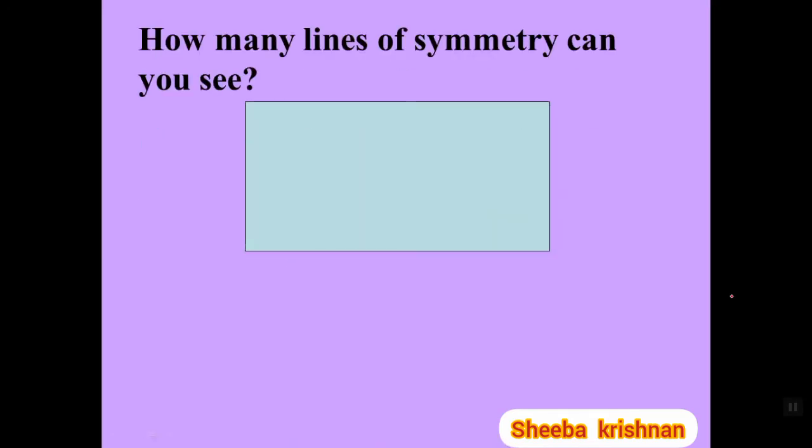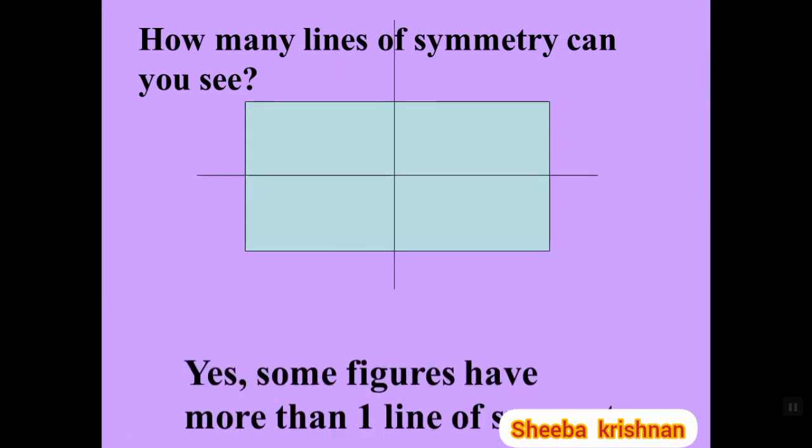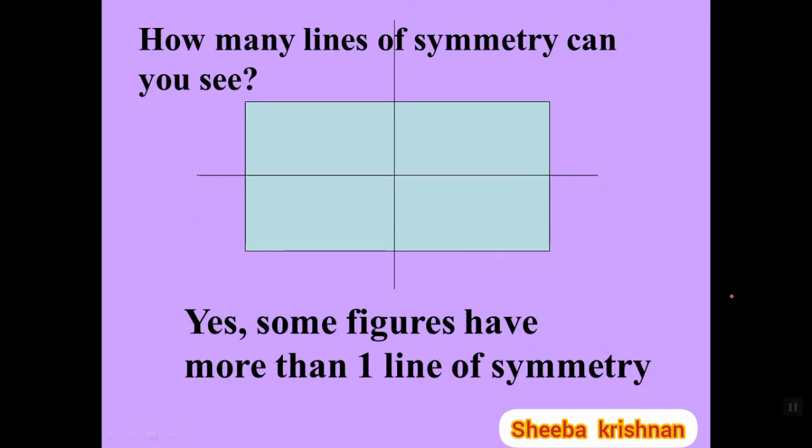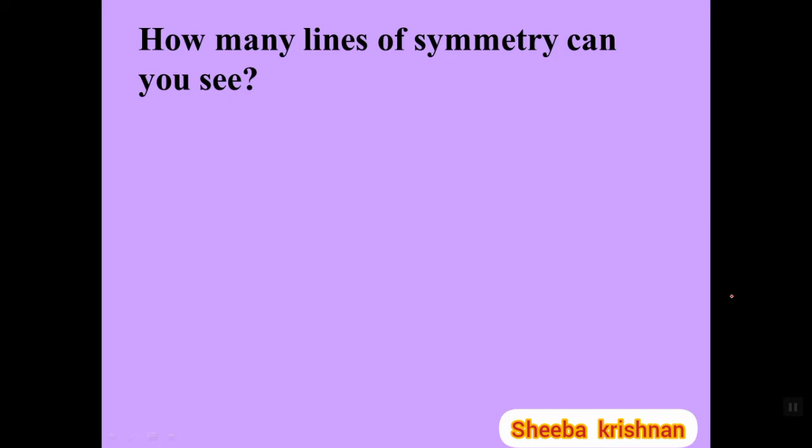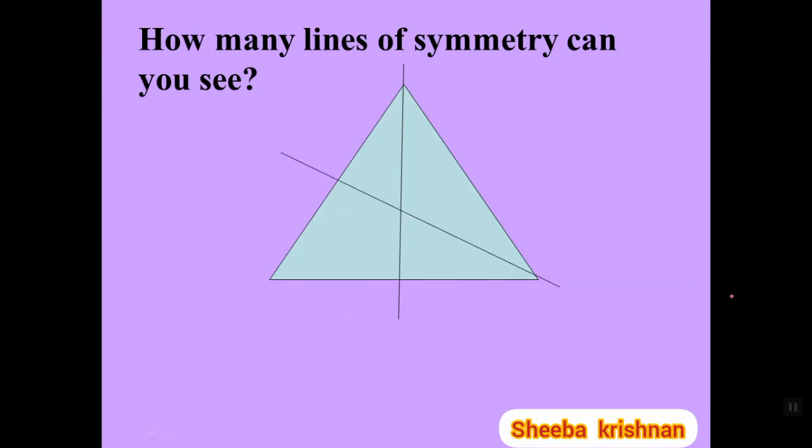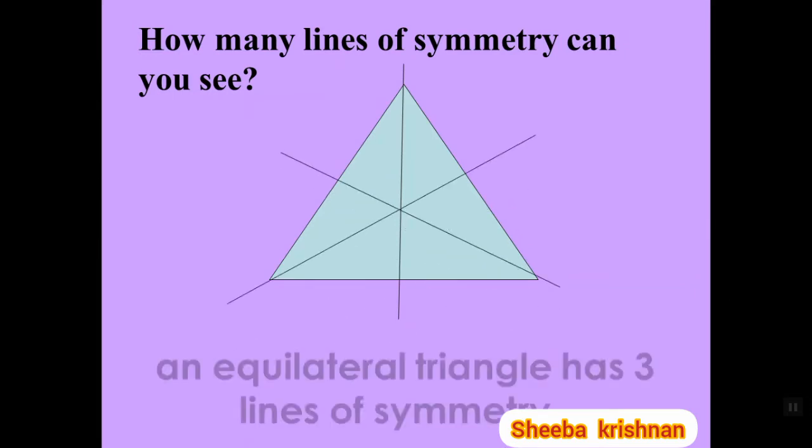Let us see. It's a rectangle. How many lines of symmetry can you see? 1, 2. Yes, some figures have more than one line of symmetry. How many lines of symmetry can you see here? 1, 2, 3.